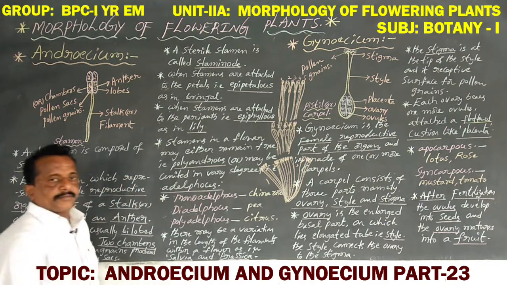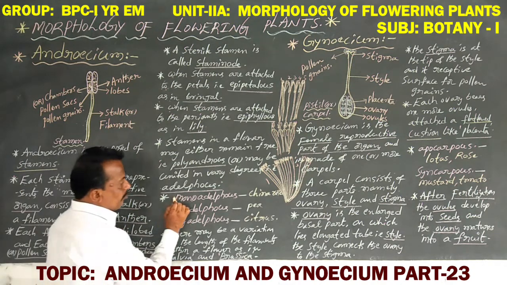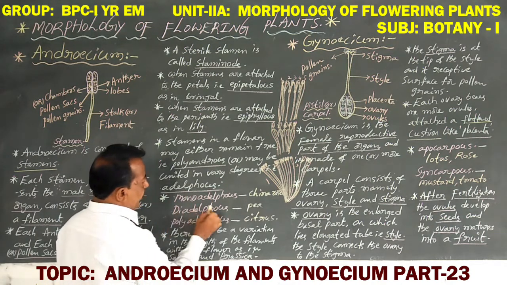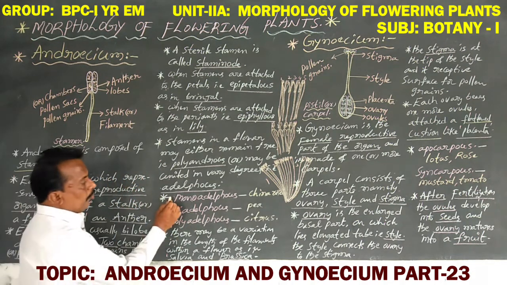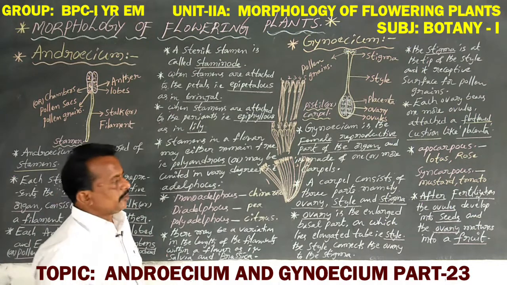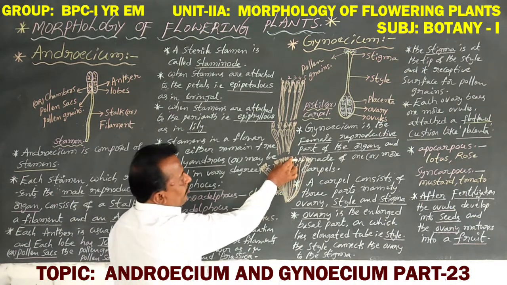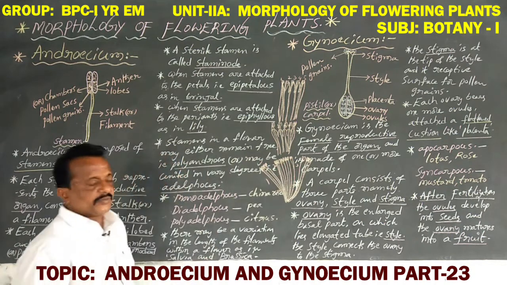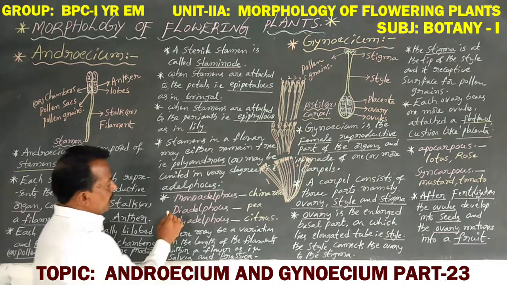Adelphous may be of 3 types, namely monoadelphous, diadelphous, and polyadelphous. Monoadelphous: stamens are united and arranged in one bundle, as seen in China rose.